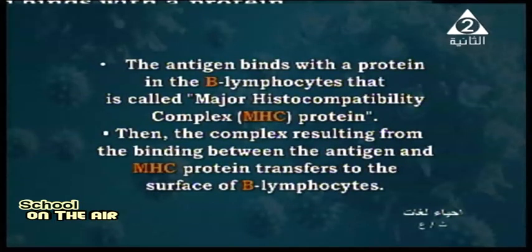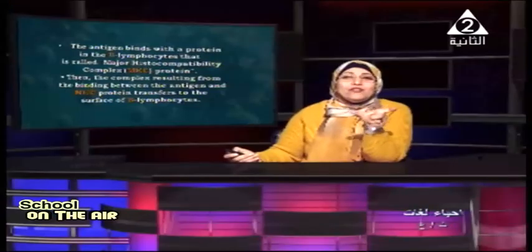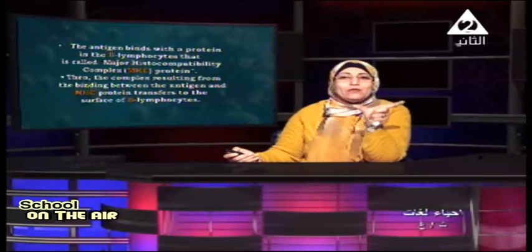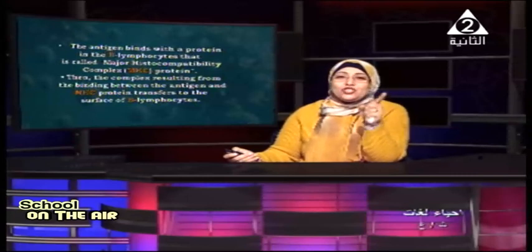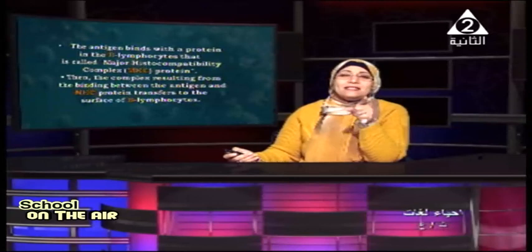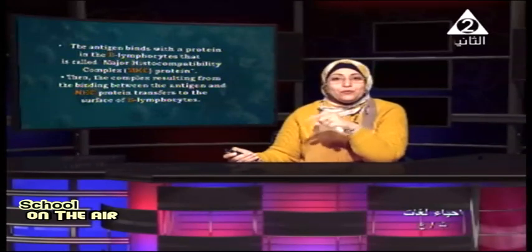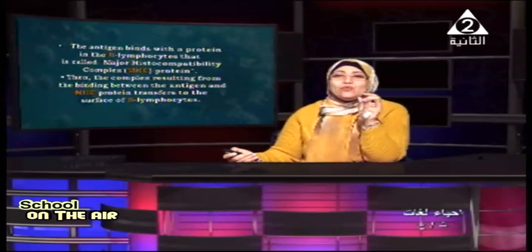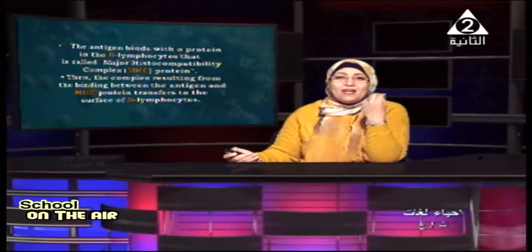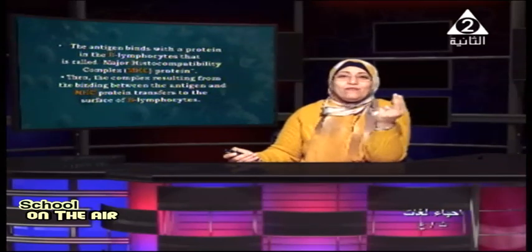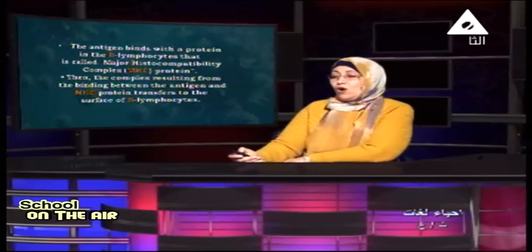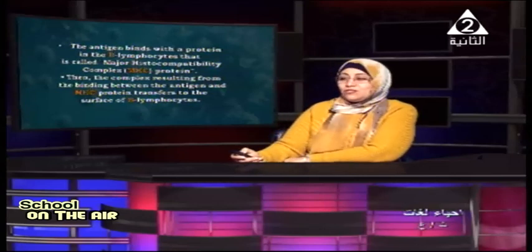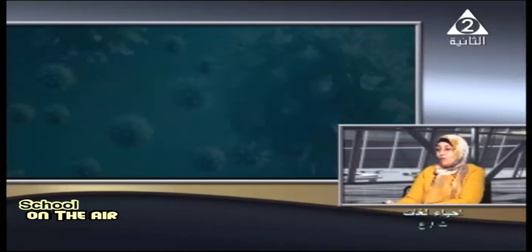You must know that the B lymphocyte recognizes the antigen and after that makes an intermediate compound, the major histocompatibility protein. This protein is responsible for killing the virus or bacteria by recognizing the antigen and removing it from your body. Also, this protein is transferred to the surface of the B lymphocyte.